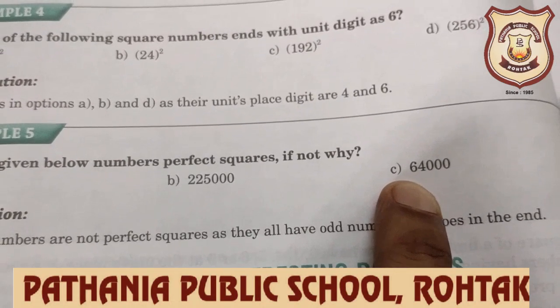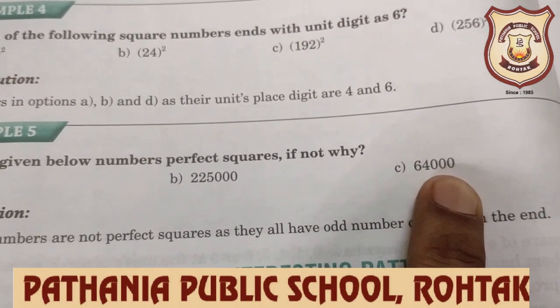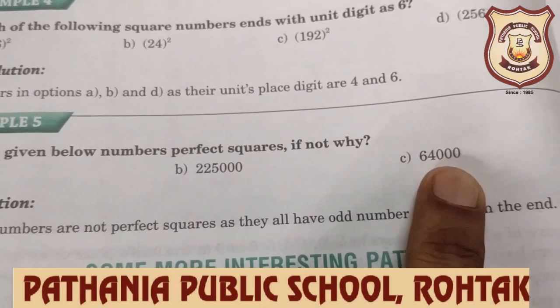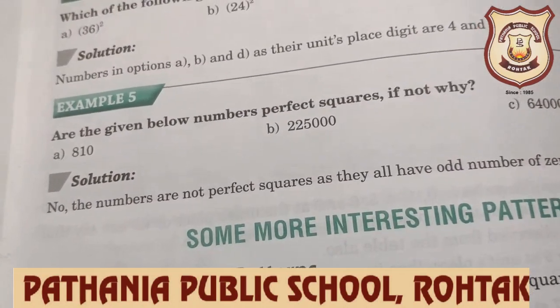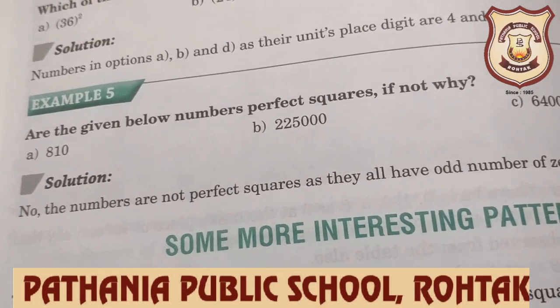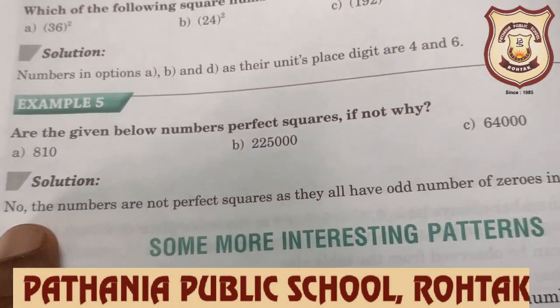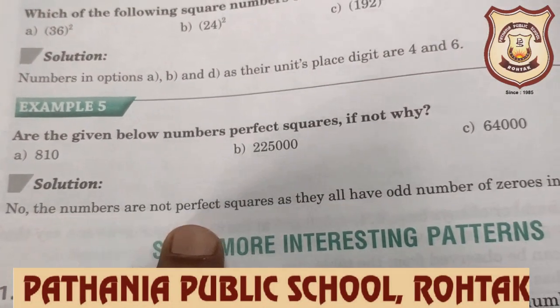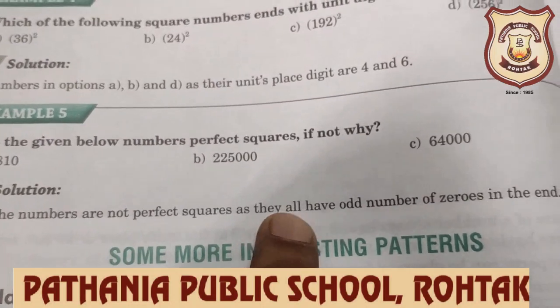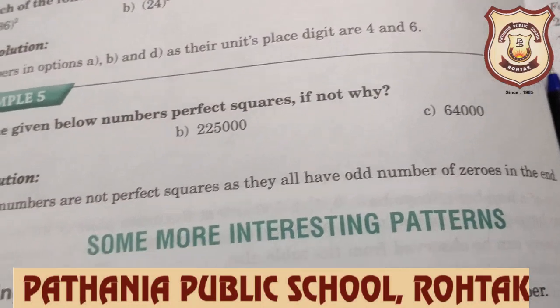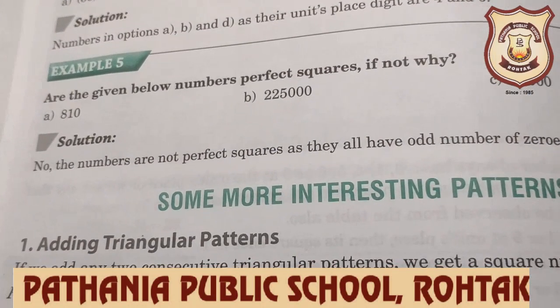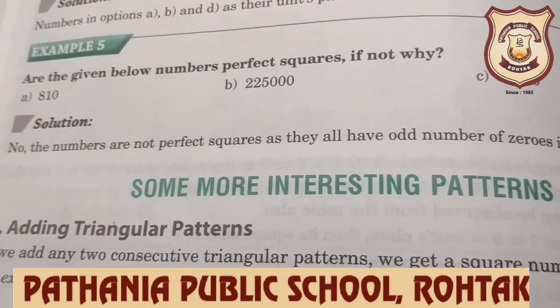No, this is also not a perfect square because the number of zeros at the end is 3. Any number which has an odd number of zeros at the end is not a perfect square. Solution is this: no, the numbers are not perfect squares as they all have an odd number of zeros in the end. So in example 5, no number is a perfect square.